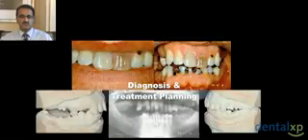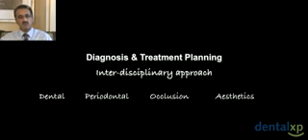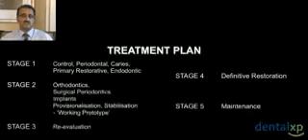Sometimes the cases that we treat are not very simple and straightforward, as we can see in this particular case. If we're going to work with these types of cases, we need protocols and a systematic approach which allows us to work with our interdisciplinary aspects and to manage the dental tissues, the periodontium, the functional issues and the occlusion, and the aesthetics effectively.